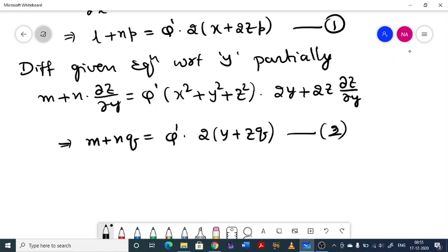Now I want to eliminate phi dash, so dividing equation 1 by equation 2.